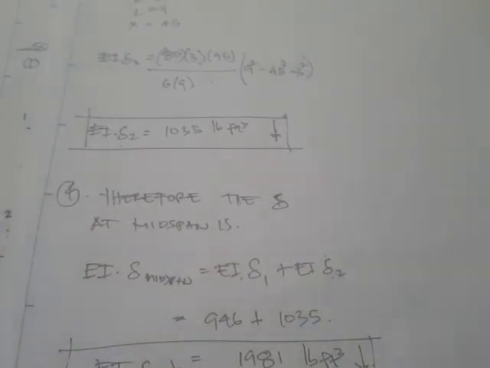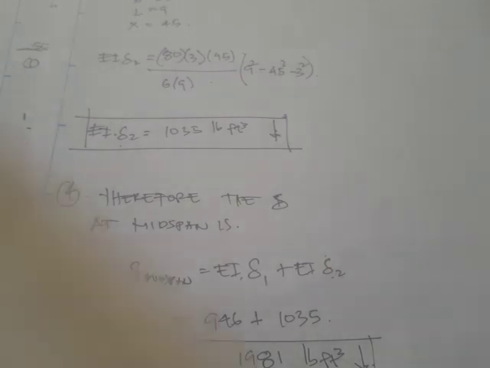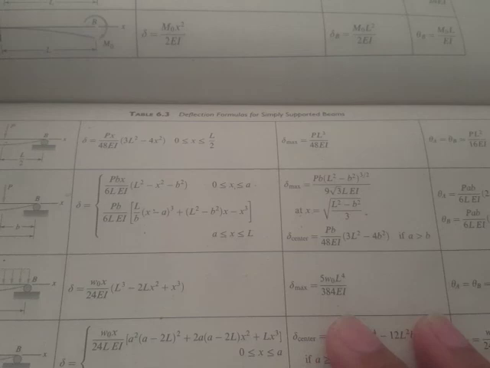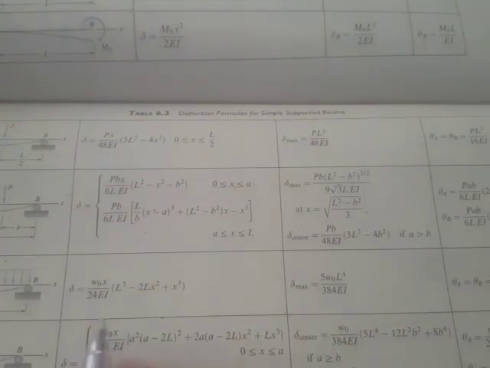Okay, so you see how convenient this method of superposition is. However, it really heavily relies on the availability of the tables. Other textbooks and standards have more beam tables and other beam conditions, but right here we are limited to this, and we'll just use this in our class.